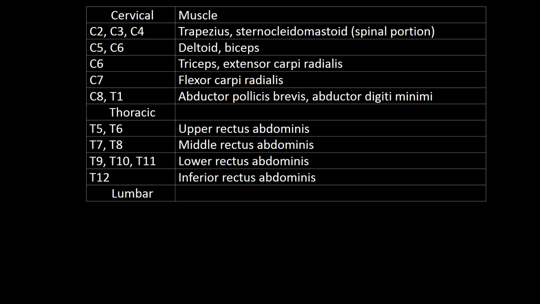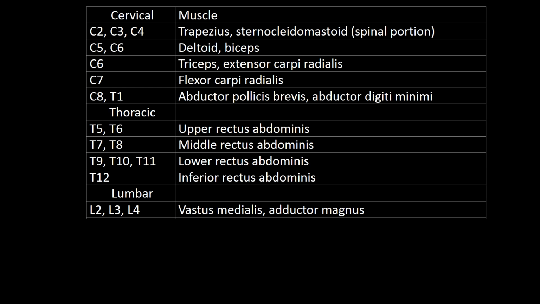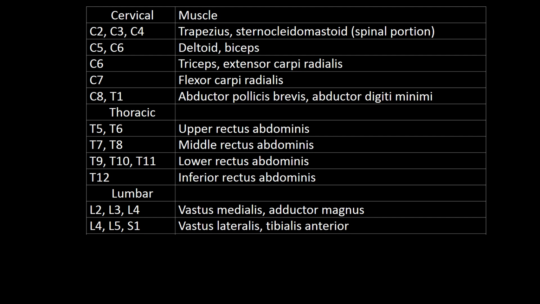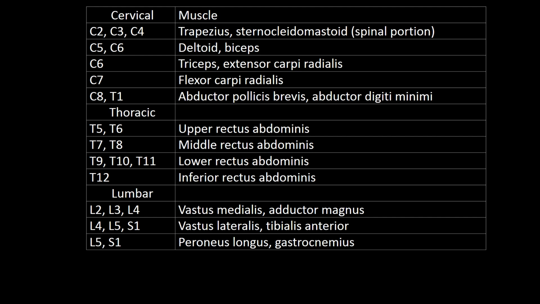At the lumbar segment, we can monitor the vastus medialis and adductor magnus for roots L2, L3, and L4, the vastus lateralis and the tibialis anterior for roots L4, L5, and S1, the peroneus longus and the gastrocnemius for L5 and S1 roots.